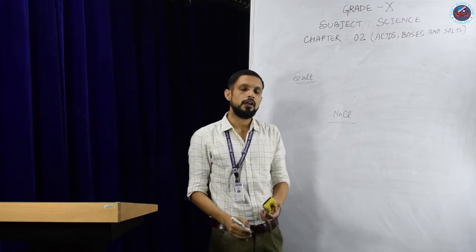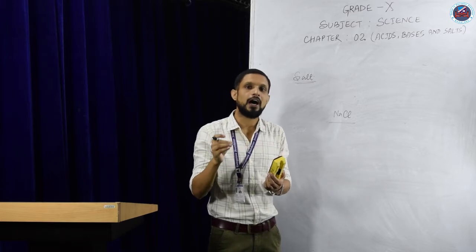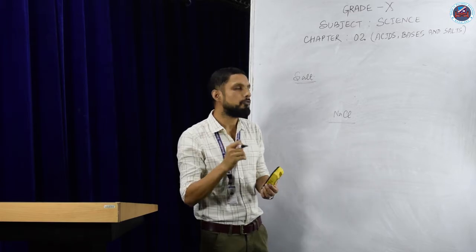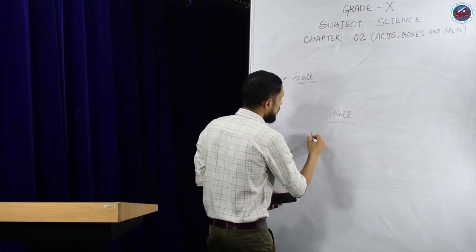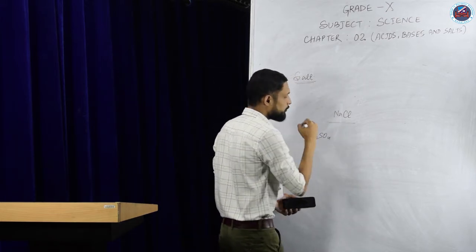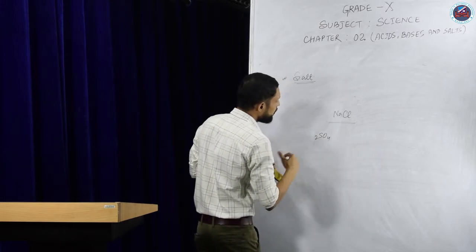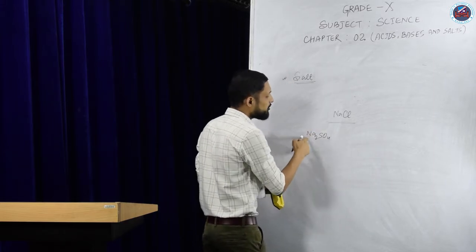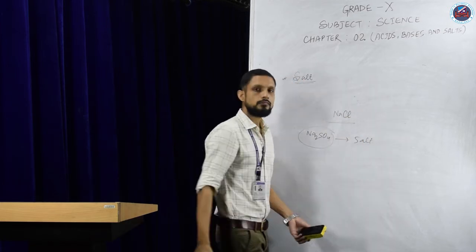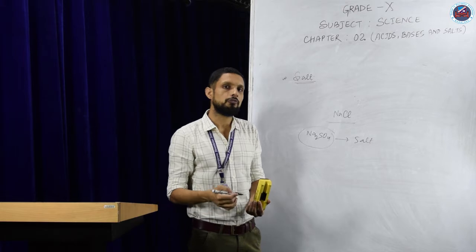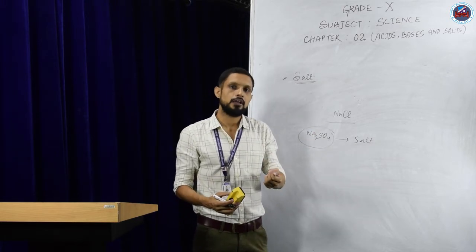That means we can say if the hydrogen in acid is replaced by a metal, the compound formed is known as salt. You can take one more example, H2SO4, which is known as sulfuric acid. Now you replace the hydrogen with sodium, it forms Na2SO4, and this is a salt. So salt is a compound formed when the hydrogen atom in acid is replaced by a metal.